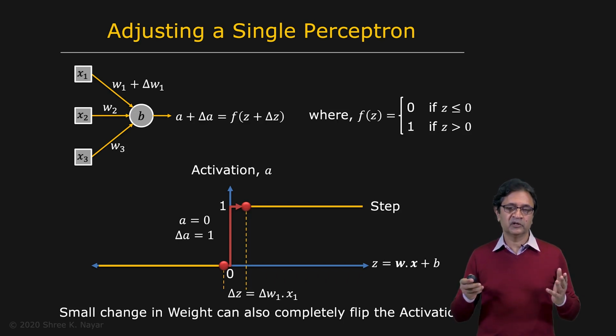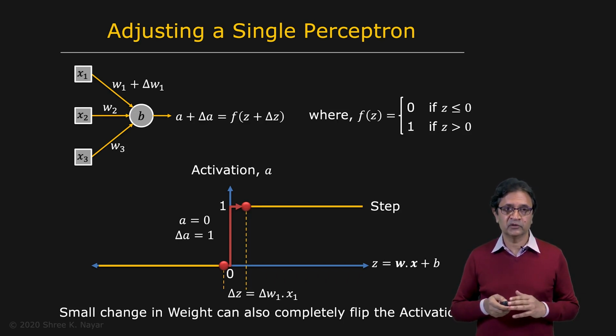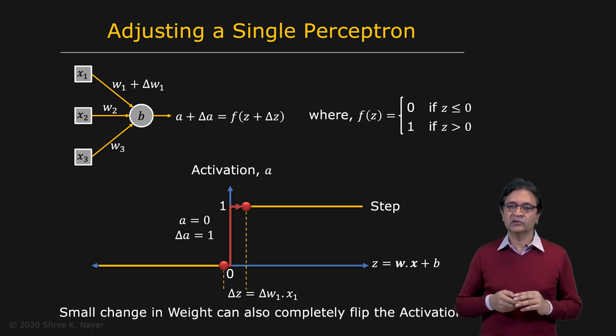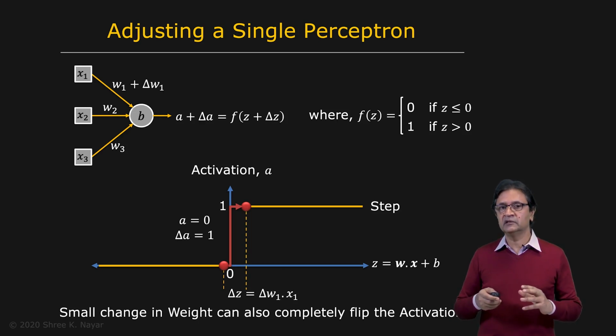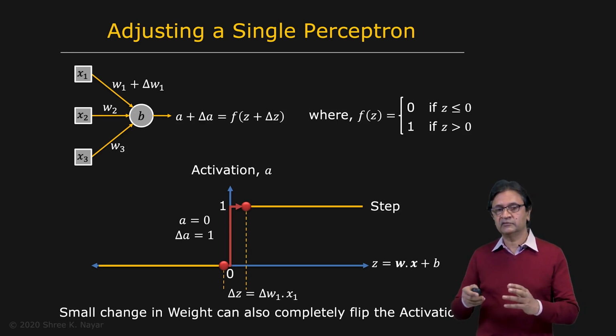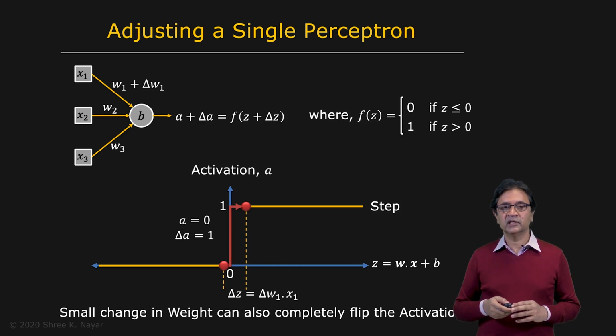A typical network could have 1 million perceptrons. That's millions of weights and biases. So the point that I'm trying to make here is that it's difficult to deal with a network where the activation function is something as dramatic as a step function. We would like to be working with smoother functions.